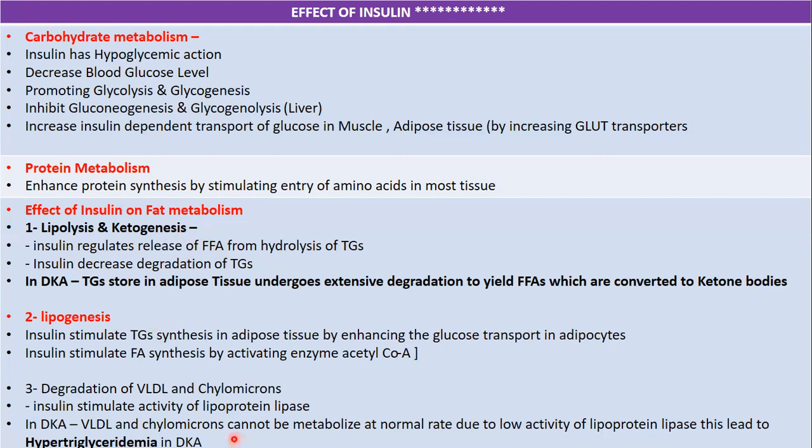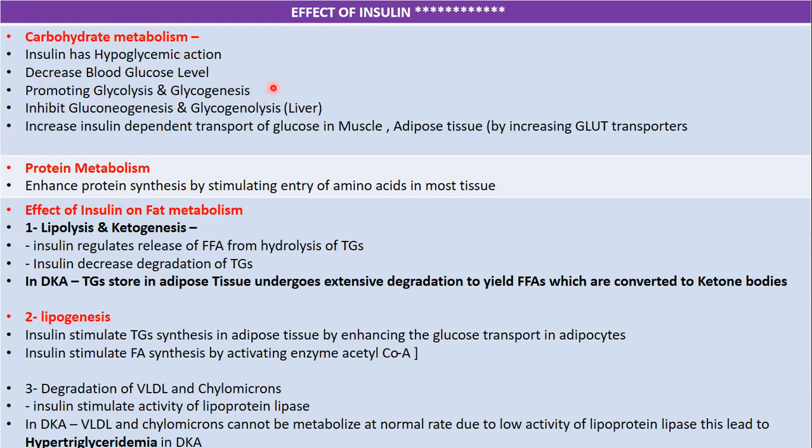And third and final, whenever someone asks what condition you see in fat metabolism in reference to diabetic ketoacidosis, just mention one line: in diabetic ketoacidosis, when we talk about fat metabolism, the condition is known as hypertriglyceridemia, that is increased levels of triglycerides. That's the only thing which we need to remember.